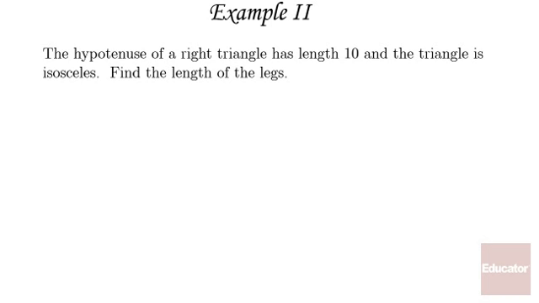Okay, in the second example, the hypotenuse of a right triangle has a length of 10, and the triangle is isosceles. Find the length of the legs. All right, drawing out this situation. They're telling me I have a right triangle, and that the hypotenuse, C, is 10.